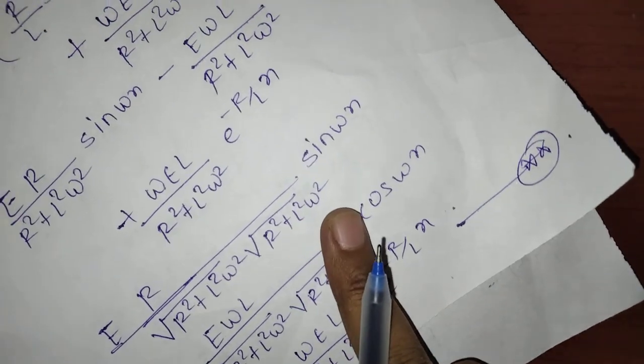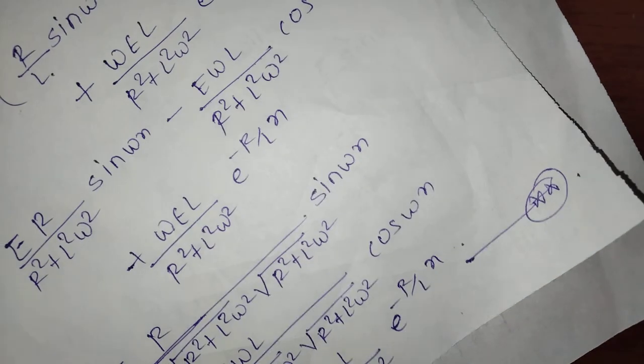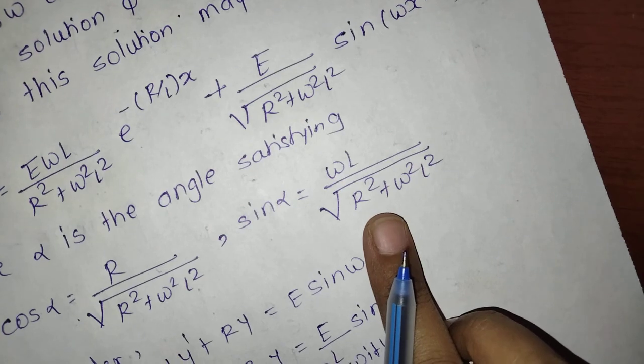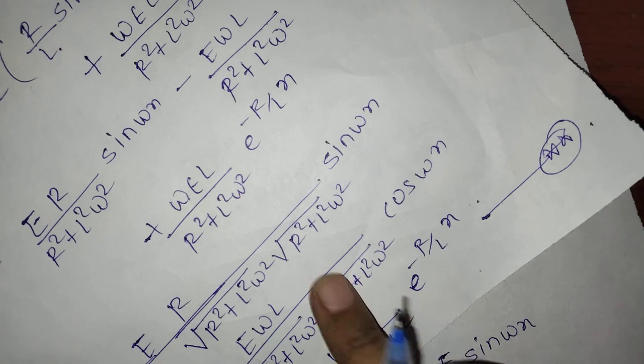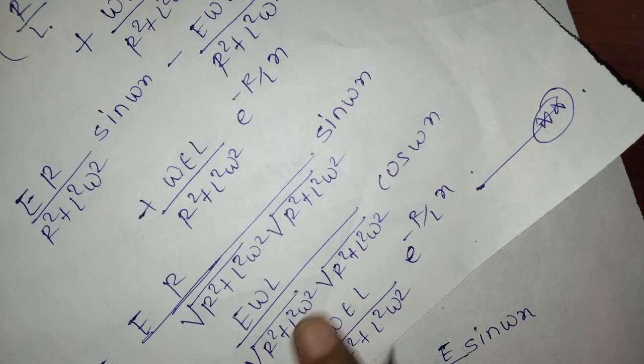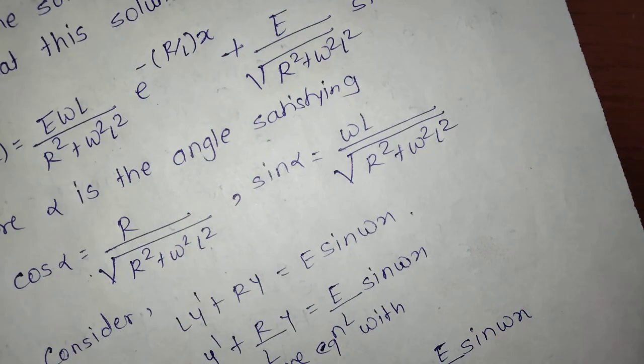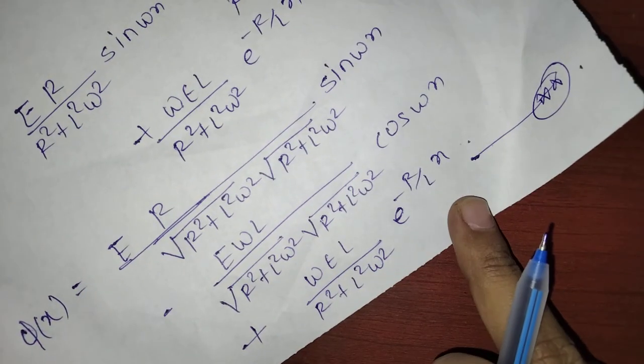So phi of x is equal to E upon under root R square plus W square L square as it is, and take R upon under root R square plus L square W square equal to cos alpha, and sin Wx as it is, minus this term, put WL upon under root R square plus W square L square equal to sin alpha, and cos Wx as it is, and plus WEL upon R square plus L square W square e raised to minus R upon Lx as it is.